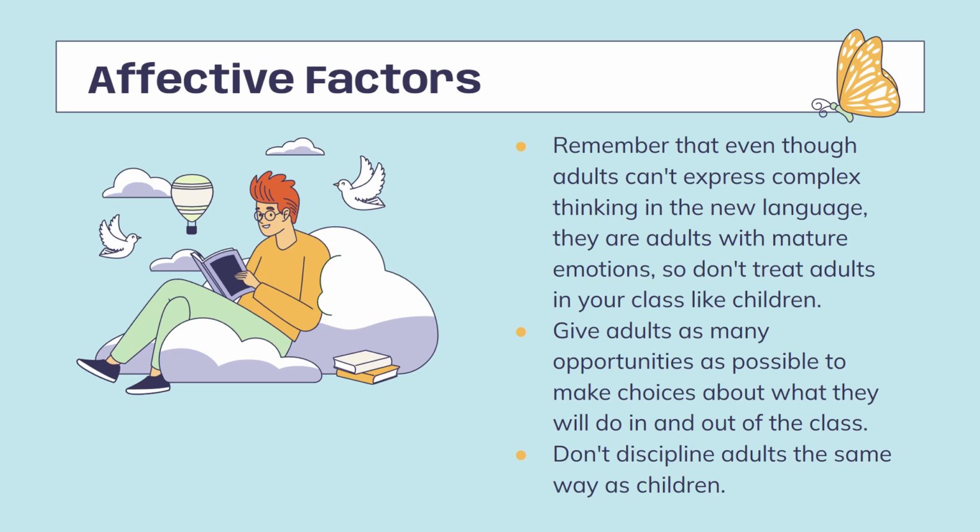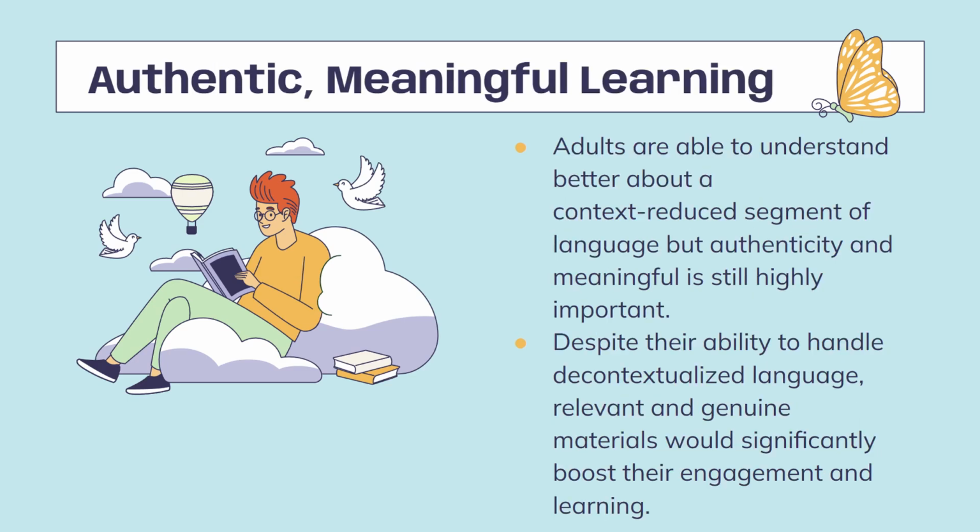Discipline should be handled respectfully, not with the same method used for children. For example, a teacher can let learners choose between writing a short dialogue or preparing a short presentation, giving them ownership of their learning while maintaining respect.